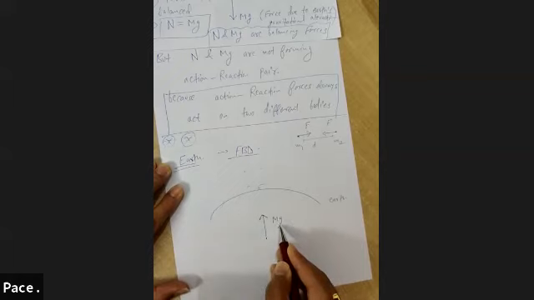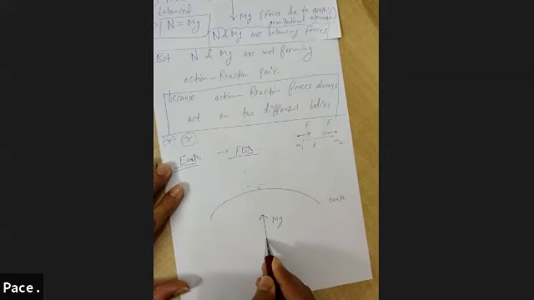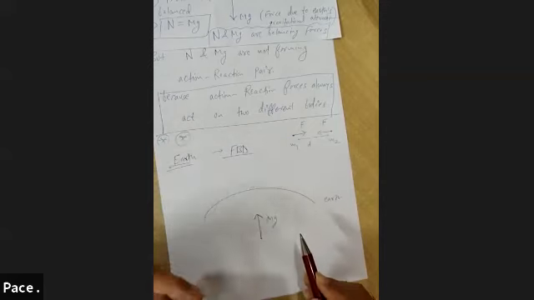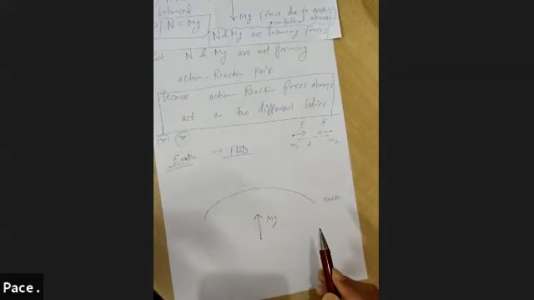This mg will act on Earth in the opposite direction at the center. But the magnitude of this mg is so small that Earth will not move because of this infinitesimal force. On the surface of Earth there are many objects, but the mass of Earth is much greater compared to the mass of other objects lying on its surface, and that is the reason Earth will not move because of the forces applied by those objects.